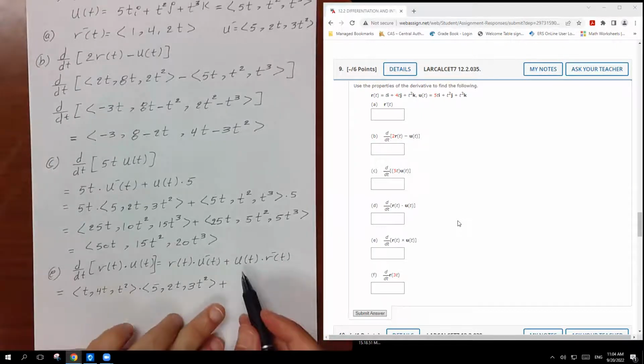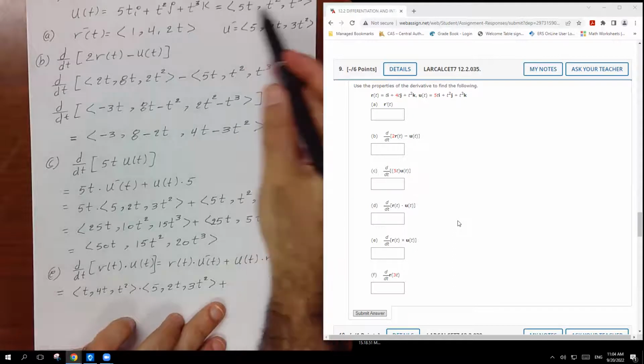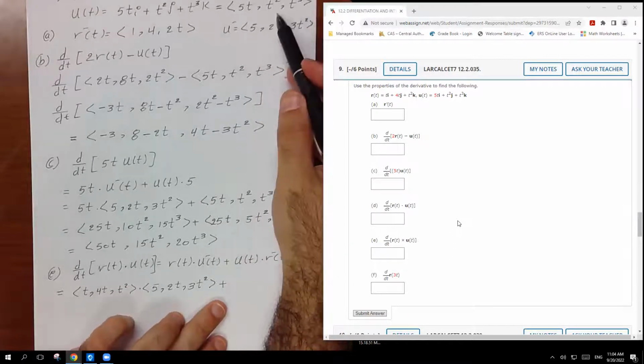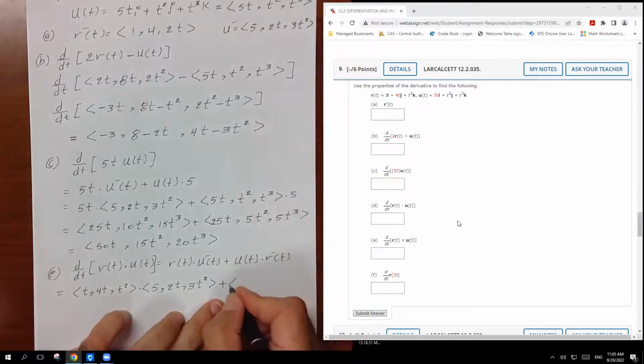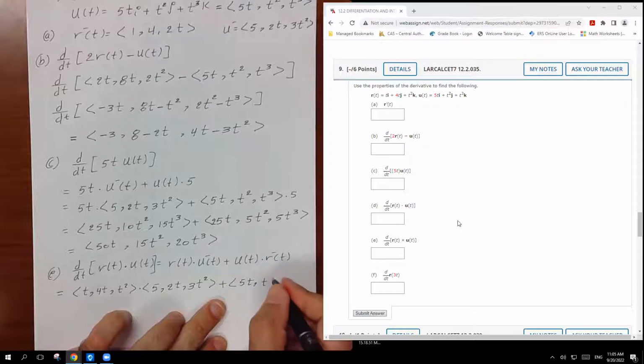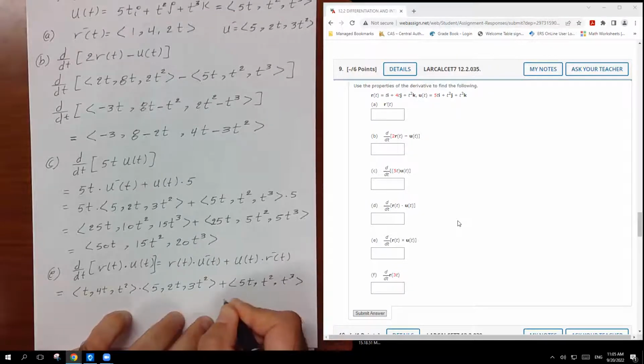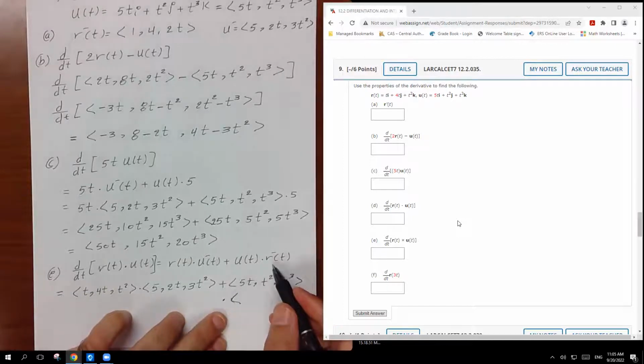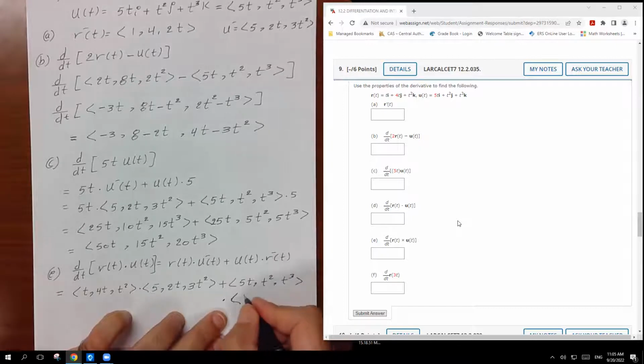Now we have u, which is this one, 5t, t squared and t cubed, times the derivative of r, which is 1, 4, and 2t.